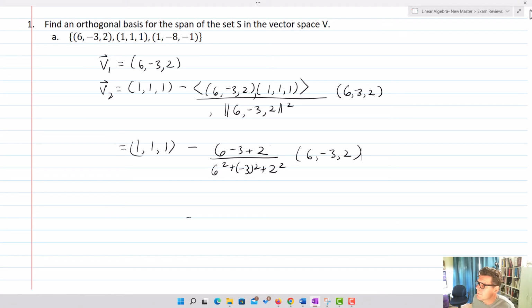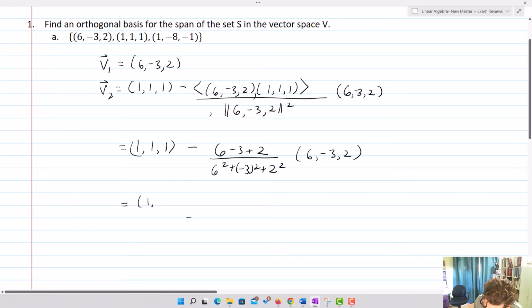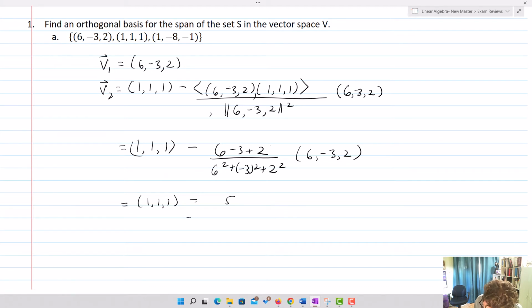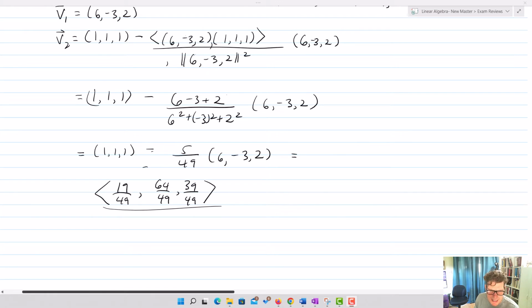This equals (1, 1, 1) minus 5 over 49 times (6, -3, 2), which ends up equaling 19 out of 49, 64 out of 49, and 39 out of 49.